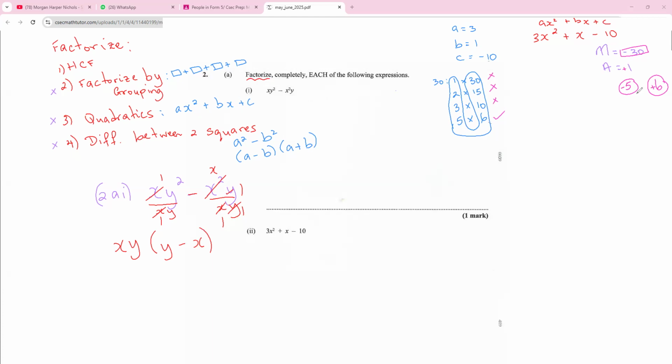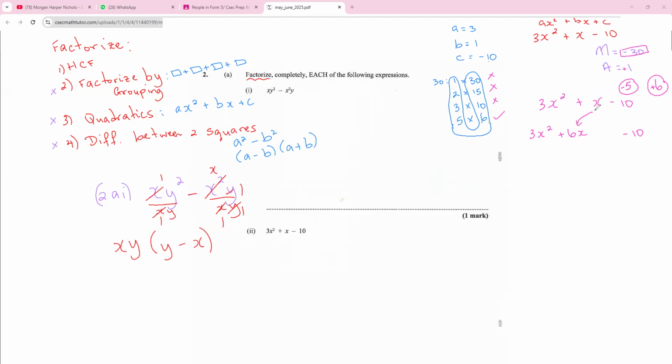So those two numbers, we're going to use to expand the middle term only. So the first term remains as is. The last term remains as is, sign inclusive. But the middle term, I'm going to break it up using these numbers.